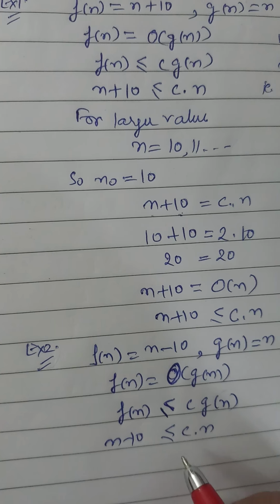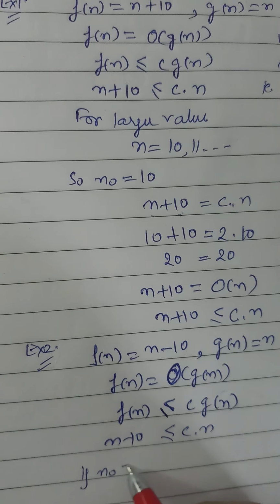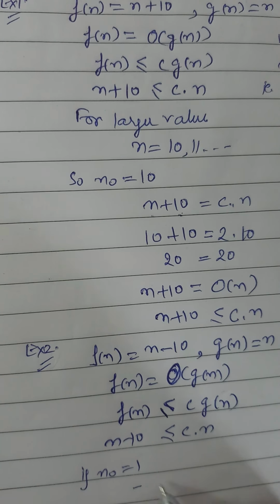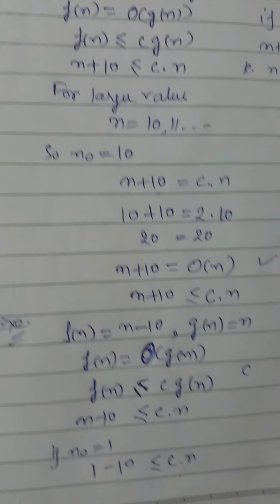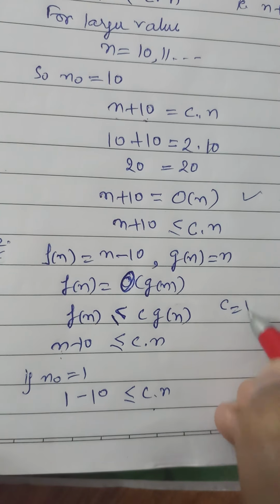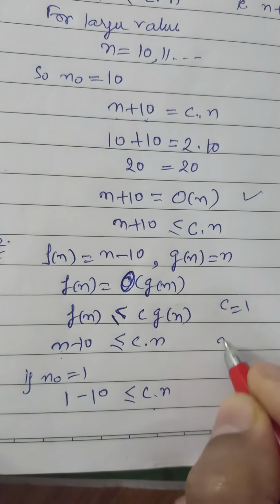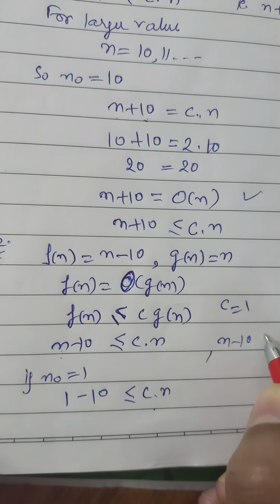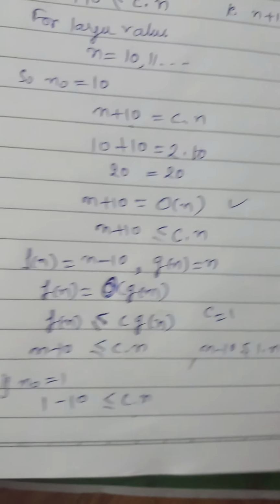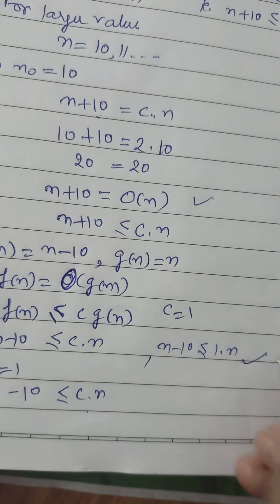If we take n naught value 1, then 1 minus 10 will definitely be less than n. Or if we put c value 1, also we can say n minus 10 is less than 1 into n. This also proves it.